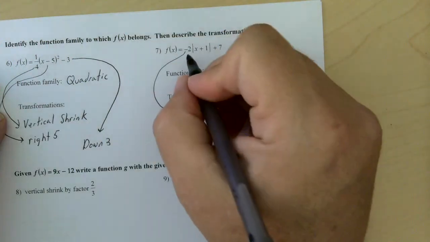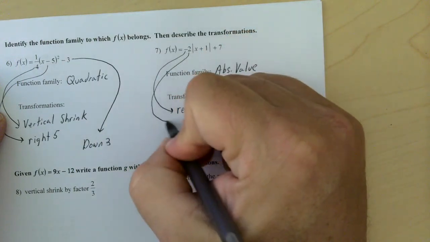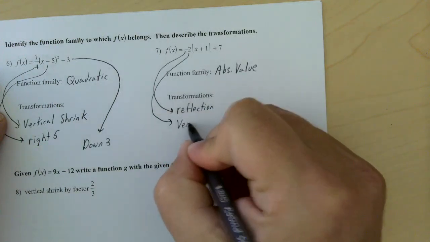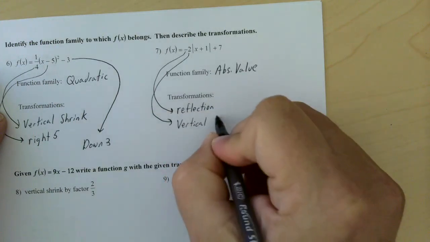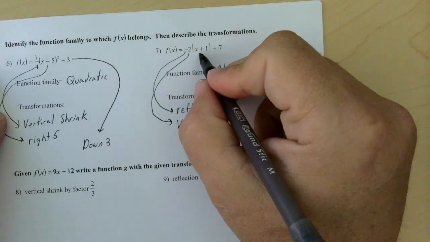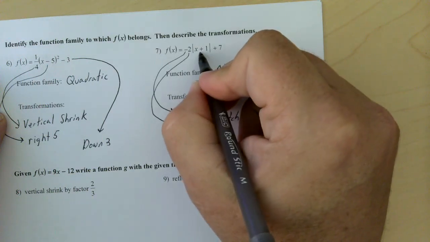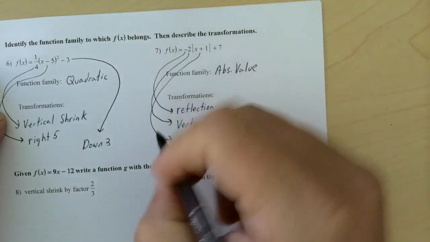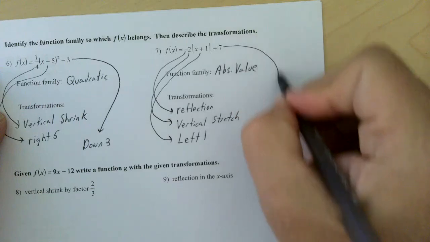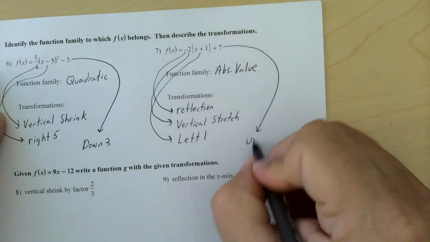It's a reflection. Then I look at the 2. The 2 is greater than 1, so it is a vertical stretch. Okay. Here, since it's a +1 inside with the x, we now know it's going to be to the left, left 1, and finally up 7.